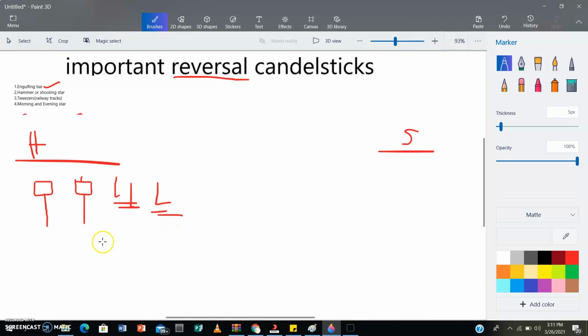Because this long wick is caused by the bulls rejecting the downward movement that had happened. These wicks show that this is where price once was. Sellers were trying to push the market down, but there was a bullish rejection. That's why we ended up closing at the top right there.